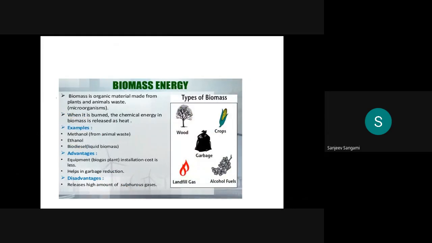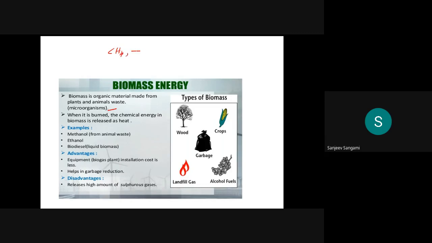Then biomass energy. Biomass is an organic material made from the plants and animals' wastes. It's very important. What exactly is this biomass? Whichever unwanted plants are going to degrade or decompose, there you are going to generate some gases like, very important, methane gas.